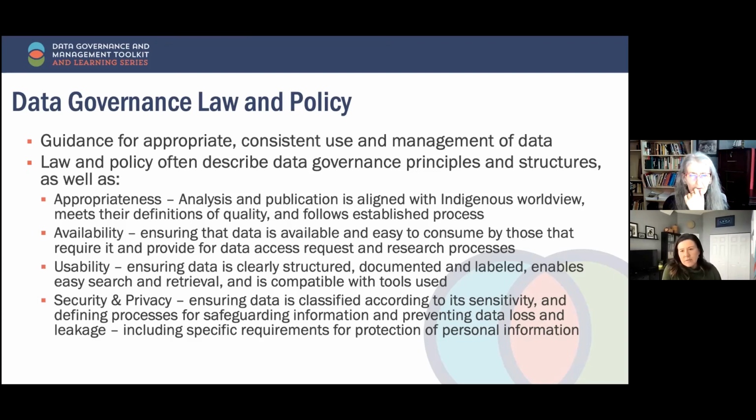It's ensuring that there are proper safeguards and proper security measures in place to avoid data loss or release of personal information, making sure that it's only those who need to have access to personal information who have it. So I'm keeping this fairly general. I think it's important for governments to draft laws and policies that suit their own specific circumstances, but these are very typical requirements in those kinds of documents.